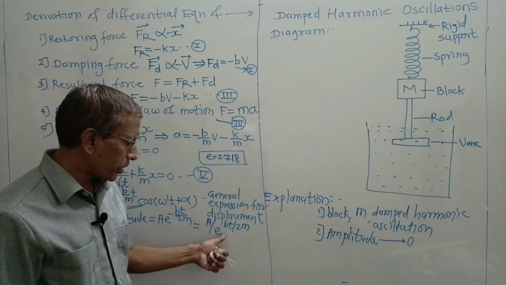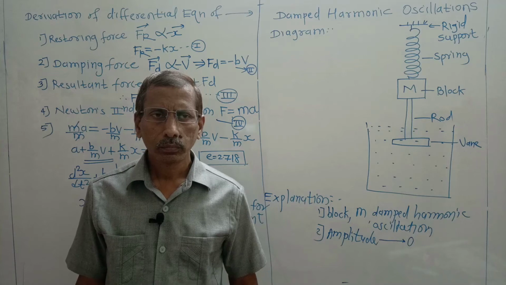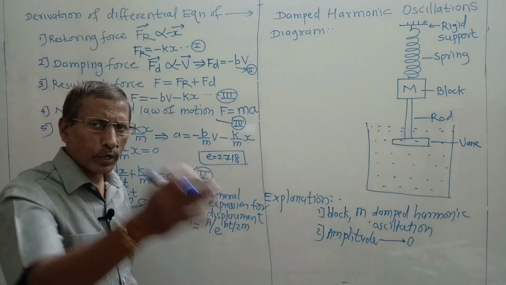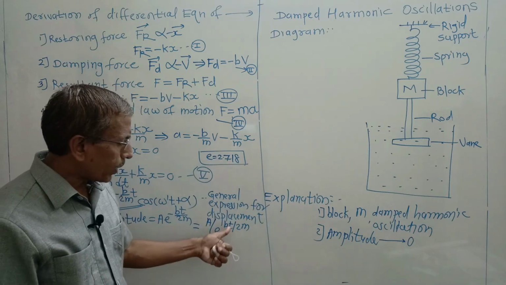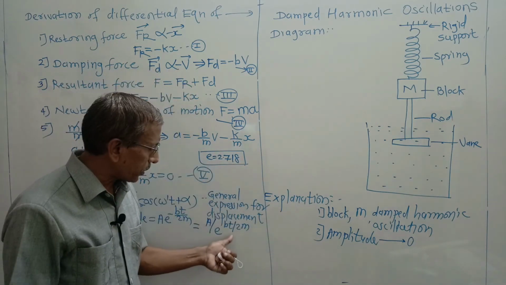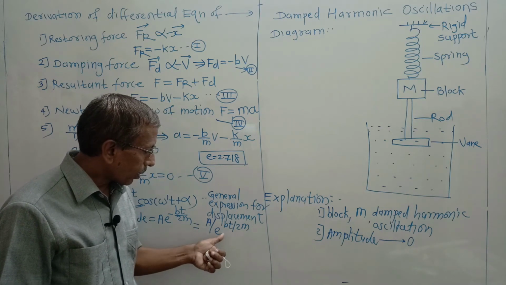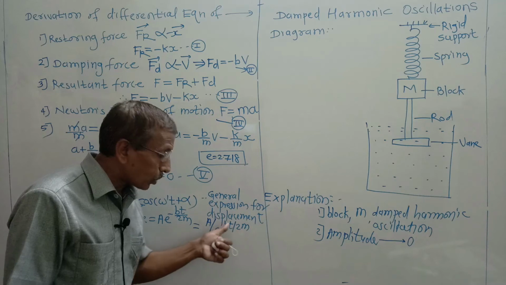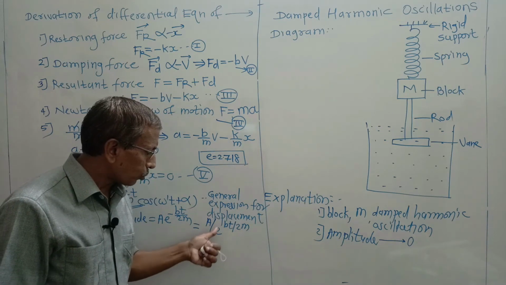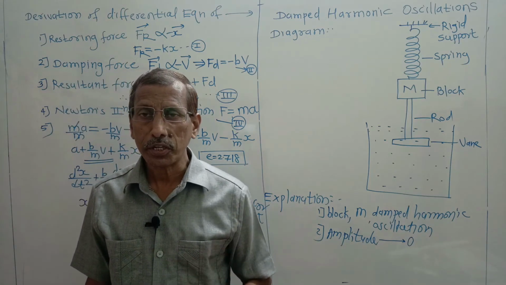The value of b divided by 2m is a constant. As the oscillation takes place, as time goes on, the value of t increases, the power of e also increases, and so the value of e raised to bt divided by 2m increases with time.